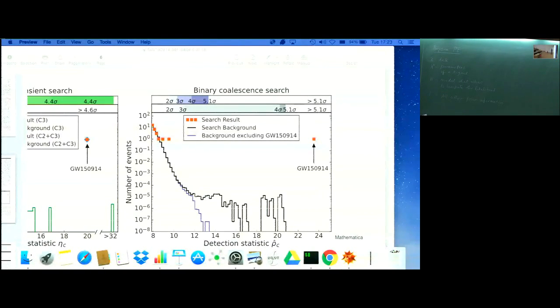Then the parameter estimation problem asks the question, what's the probability that I measure a parameter lambda alpha given the data set X, I'm going to now use the vector X, the method H and all other information I. That's the posterior probability.